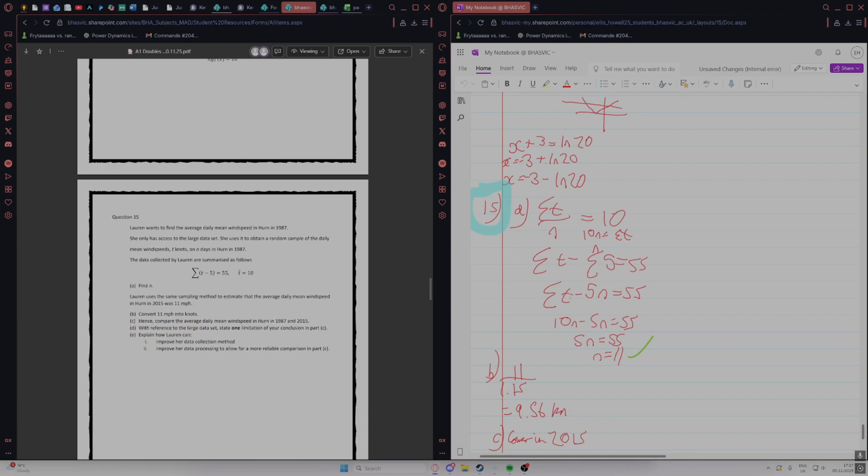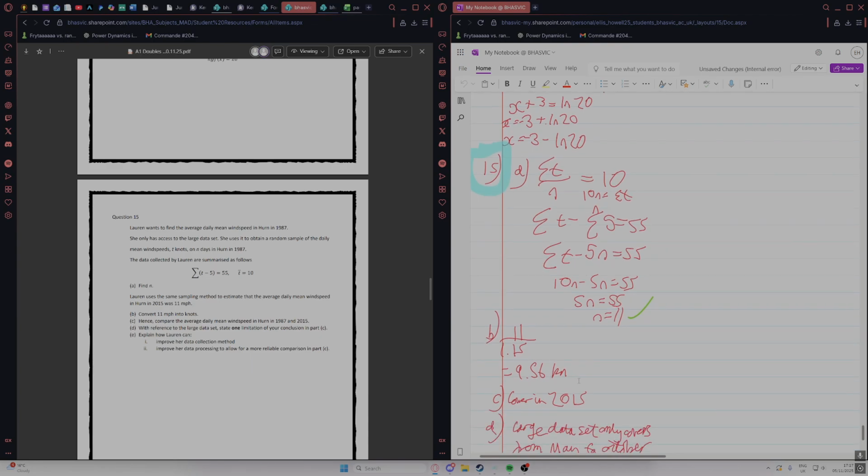So it's the sum of t minus 5n equals 55. You know that the mean is the sum of t over n, so the mean times n is the sum of t, where the mean is 10 and n is the thing we don't know. So we substitute 10n and we get this equation, solve for n, you get 11.